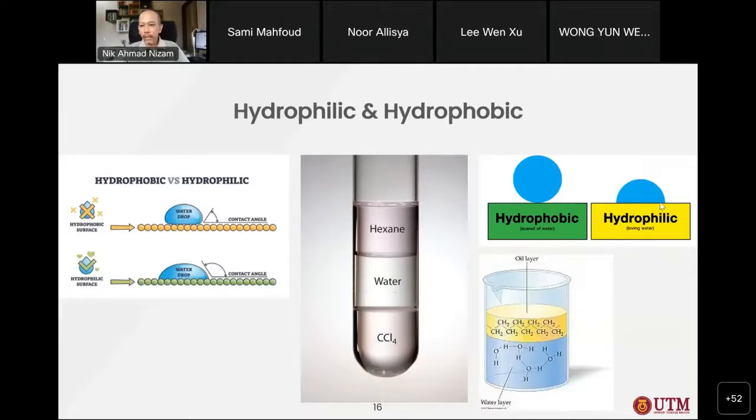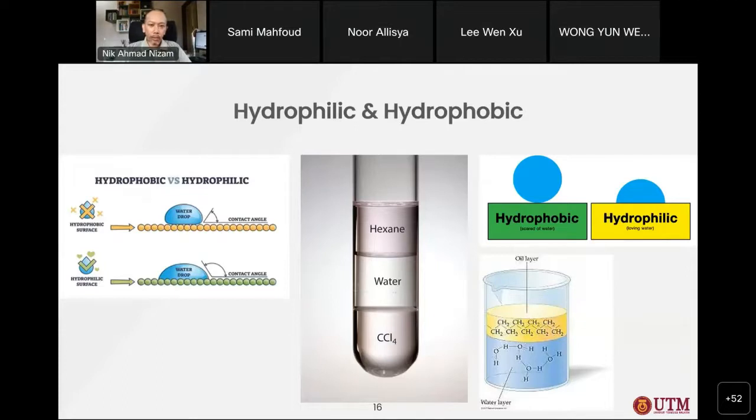And for the hydrophilic, imagine that this is the hydrophilic surface and this is a water molecule. So there is an interaction between the water molecule and this hydrophilic surface.